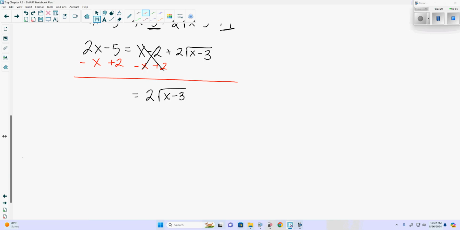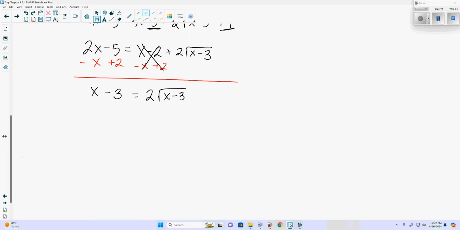The other side, 2x minus x is x minus 3, because our negative 5 plus 2 is negative 3. Questions on this so far?